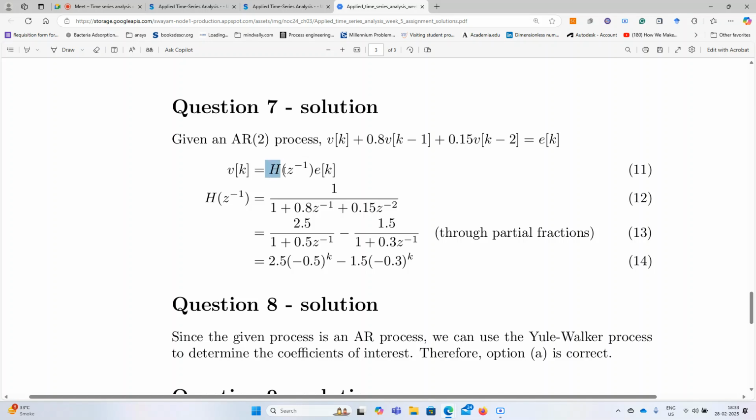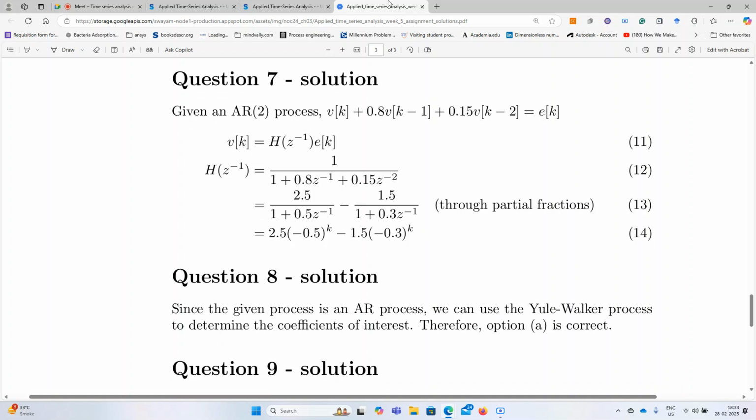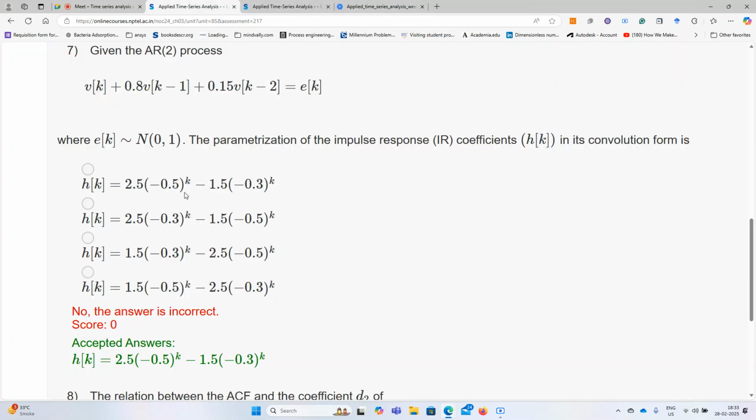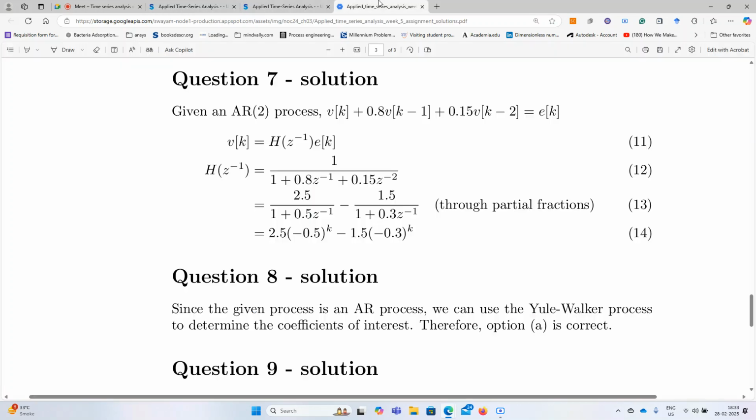So you can take this process, multiply it by your EK input, you get the VK. So we can just take the Z transform. Now we can separate through partial fractions, and this is the answer. So you can see here, HK can be written in this form. So your answer becomes A for this.